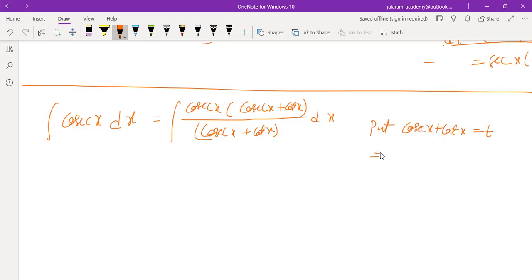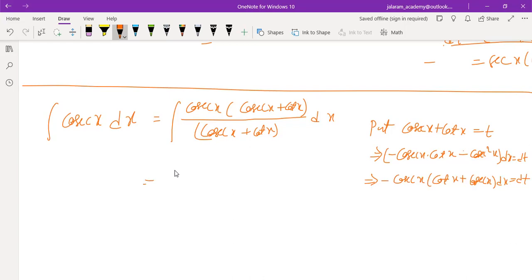Then if we differentiate both sides, the differentiation of cosec x is minus cosec x cot x, and the differentiation of cot x is minus cosec square x, and dx equals to dt. So if we take minus cosec x common, it is giving cot x plus cosec x, which is the numerator of our question, equals to dt.